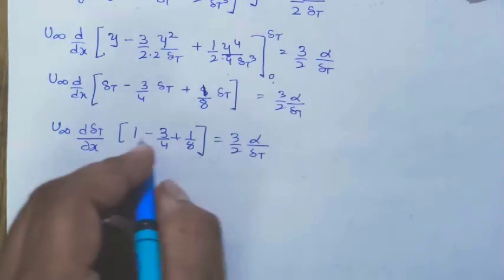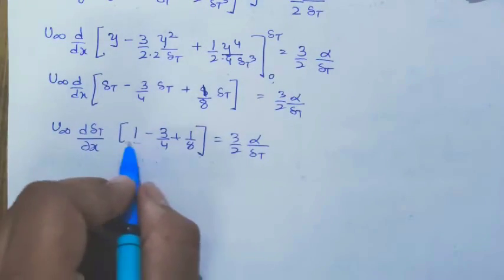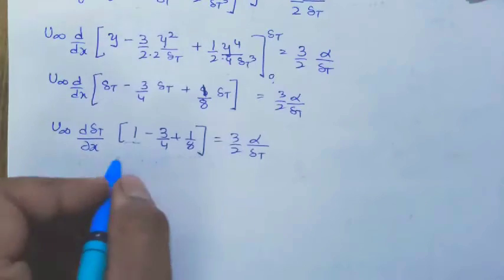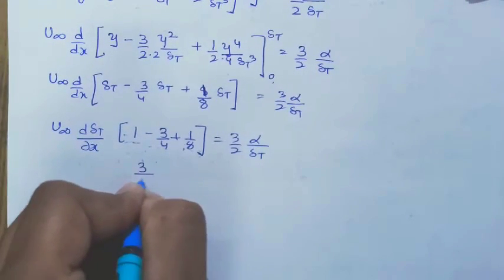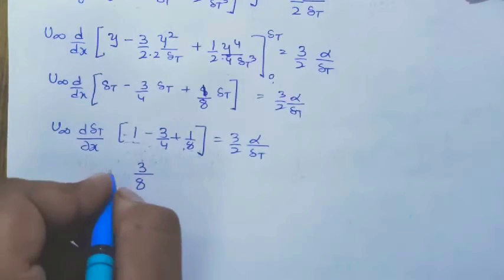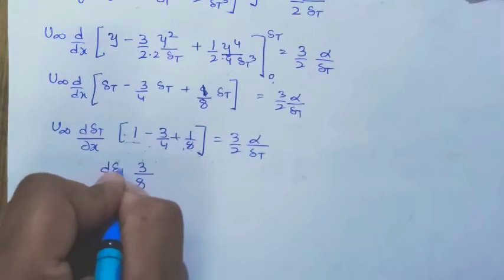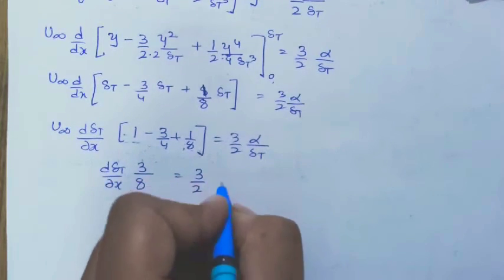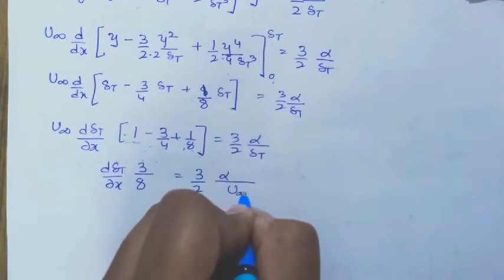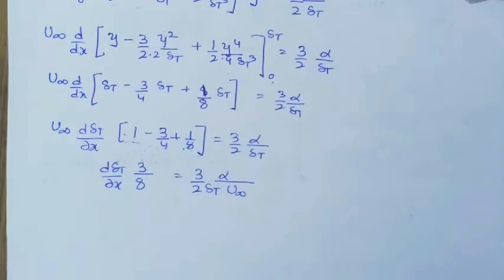And by solving this, I'll get 3 by 8, and I'll write as 3 by 2 alpha by delta t, right?